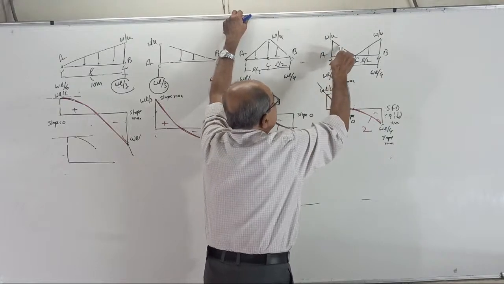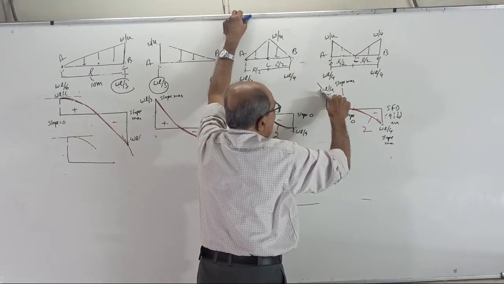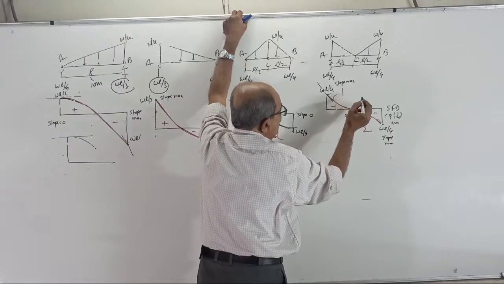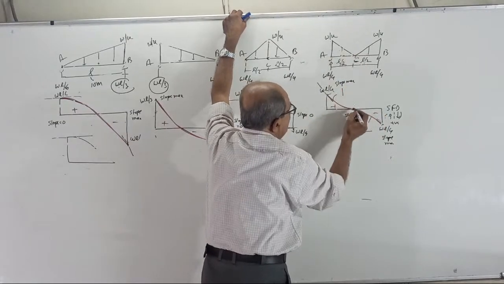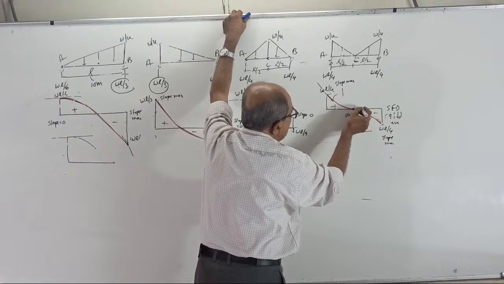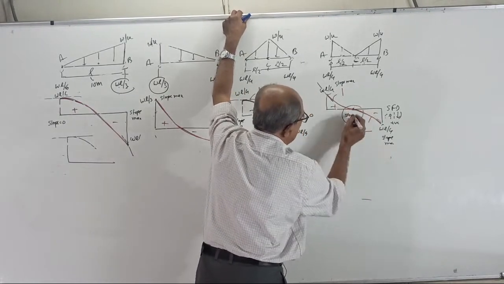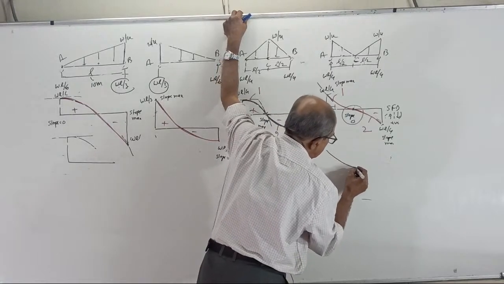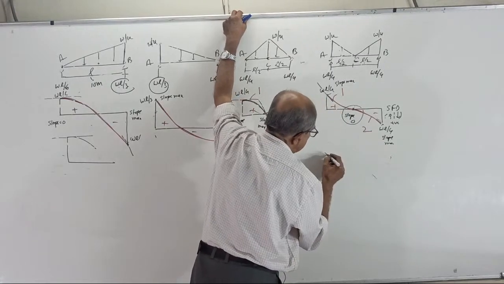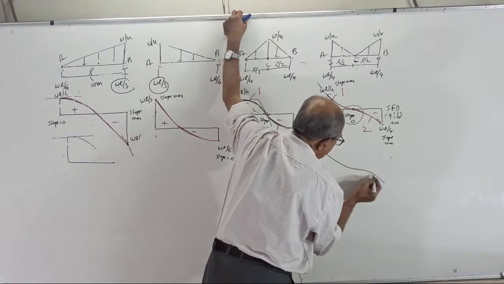Slowly intensity reduces, so it will become flat, 0. Then again from here, this side is an exaggeration for you. It will not be that way, this point will be further, this way, not that way also.